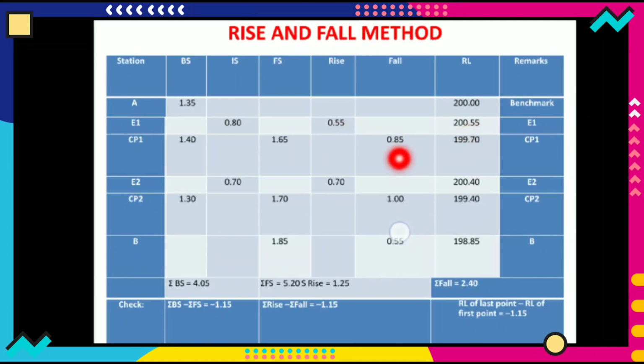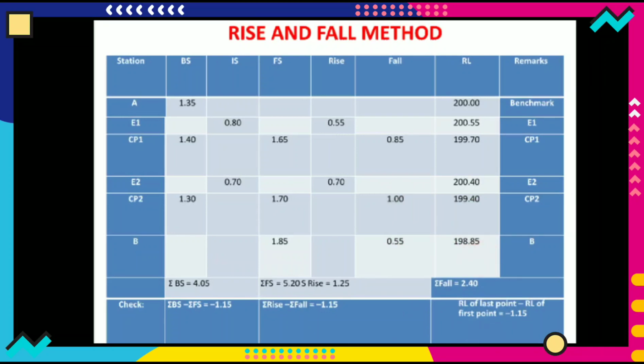Then this is minus, so 200.55 minus 0.85 is equal to 199.70. After this reading, this is positive, so 199.70 plus 0.70 is equal to 200.40. This plus this is equal to this, and this minus this is equal to this.